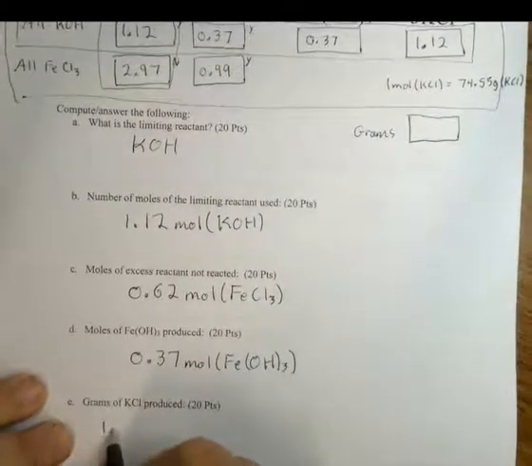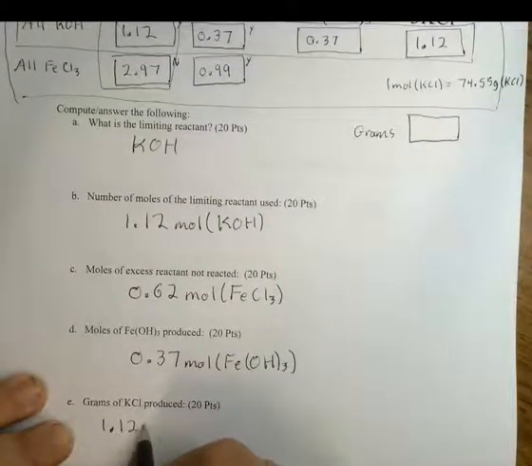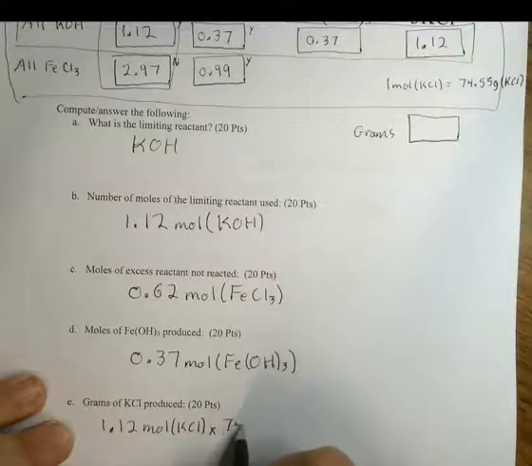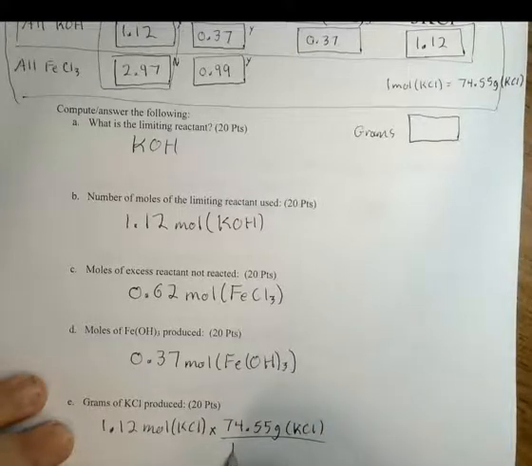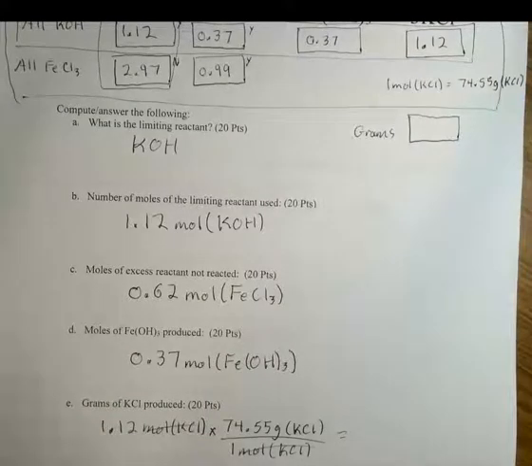So it's 1.12 moles. Okay, moles of KCl cancel, so we're going to multiply these two numbers, and that will give us our final answer.